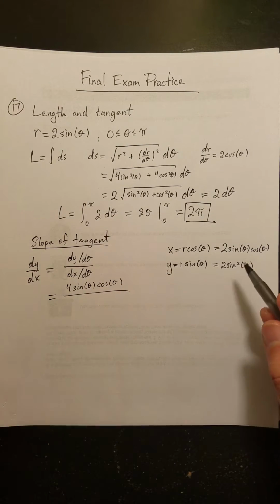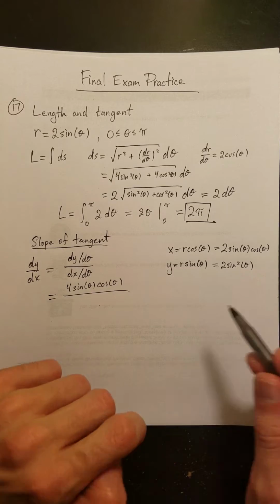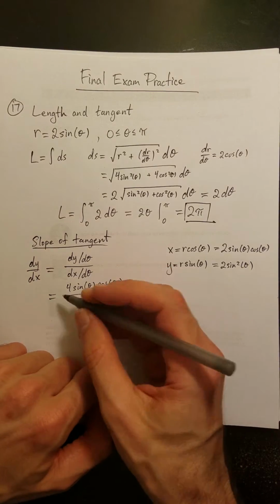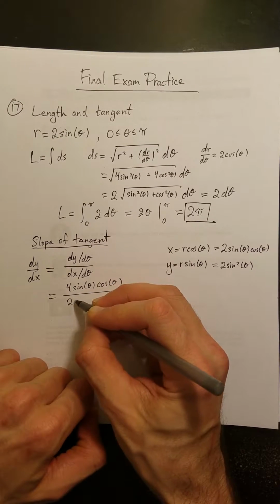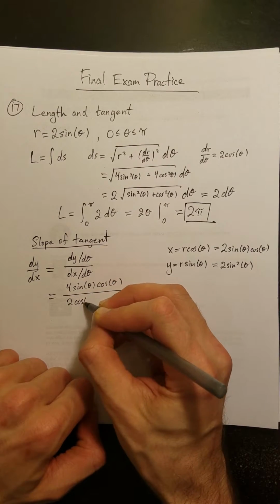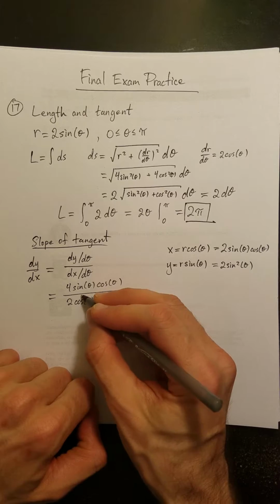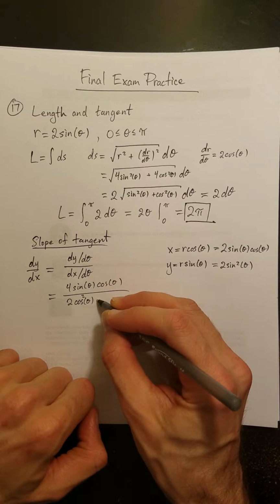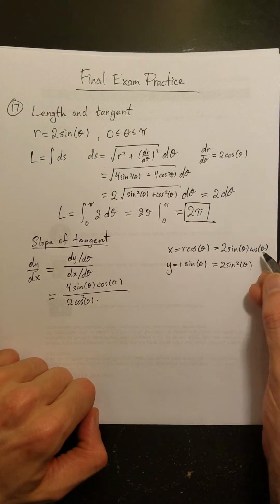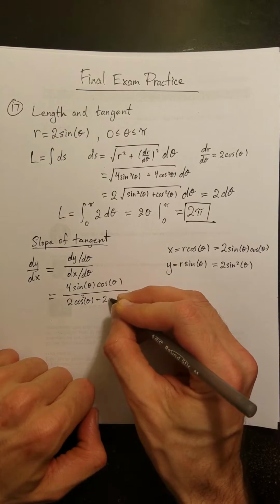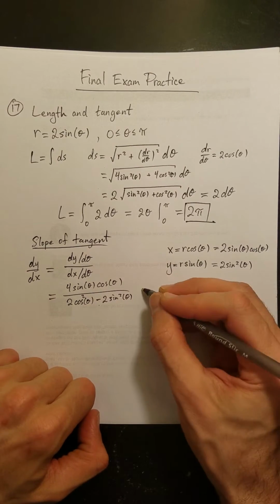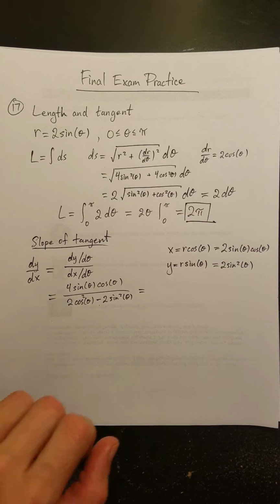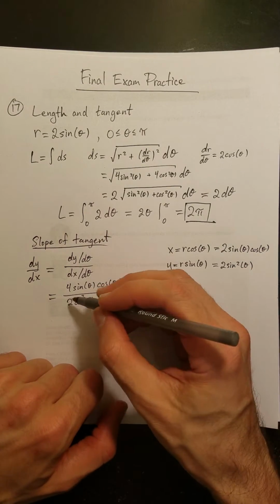And then I do the derivative of x with respect to theta, and I'm going to get 2, the derivative of sine is cosine, so I get cosine times cosine, so cosine squared. And then the derivative of cosine is minus sine, so there will be a minus 2 sine squared theta. So I can rewrite this, first of all canceling a factor of 2.